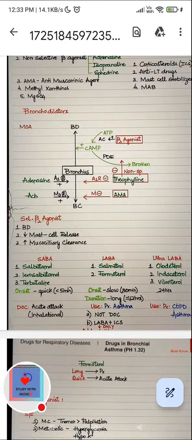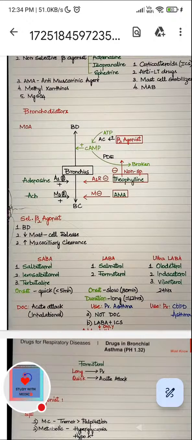Methylxanthines are theophylline, aminophylline, etophylline and doxophylline. Anticholinergics, these are ipratropium bromide and tiotropium bromide. Leukotriene receptor antagonists, zafirlukast, montelukast and zileuton.